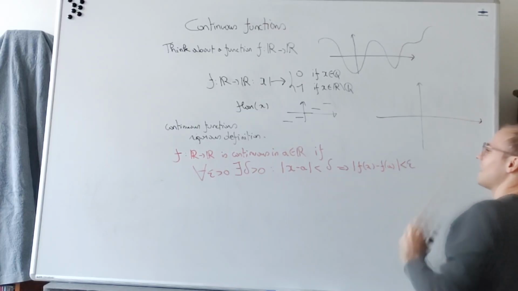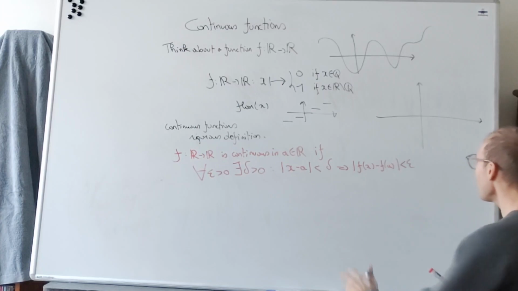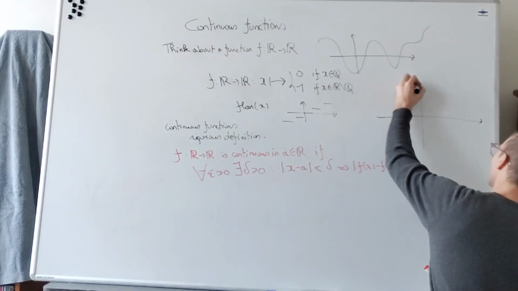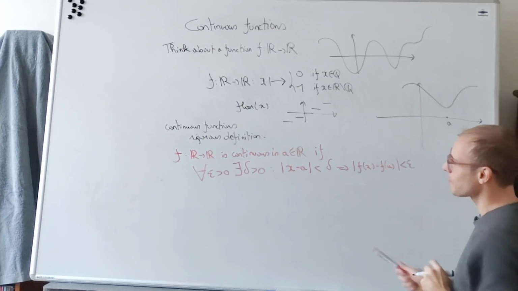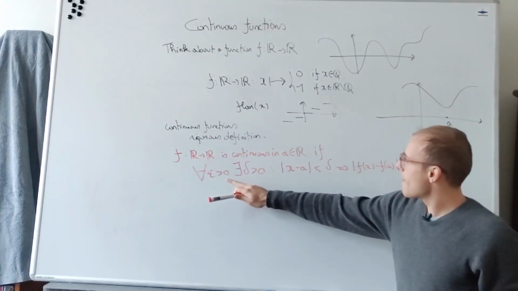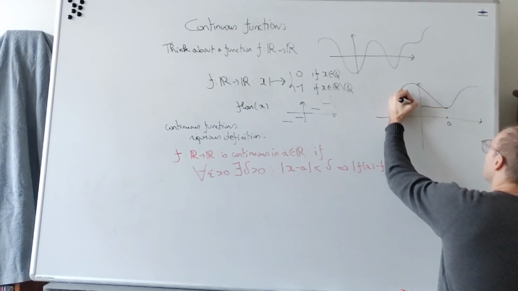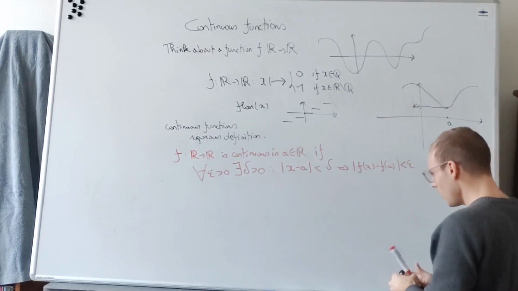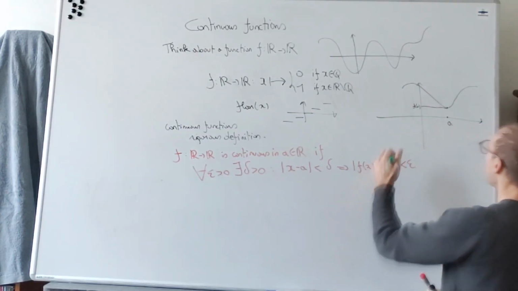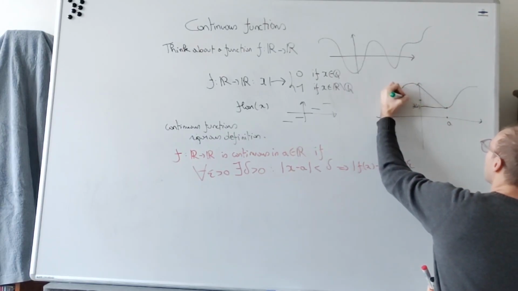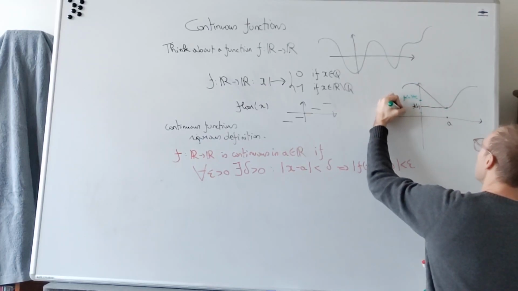because I'm guessing that if this is the first time you see this, you have to think a lot about this. Let's say I make something continuous, draw something like this, and here is my a. So I know that f of a lies here. And now if I take any epsilon bigger than 0, I can actually look at f(a) plus epsilon and f(a) minus epsilon.